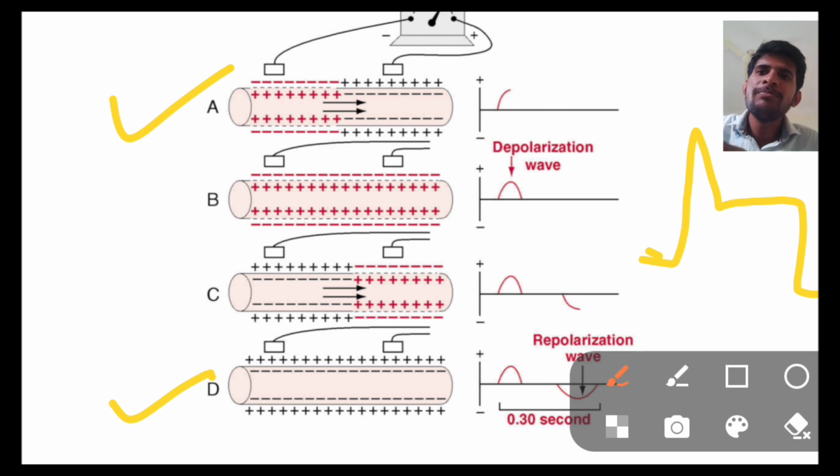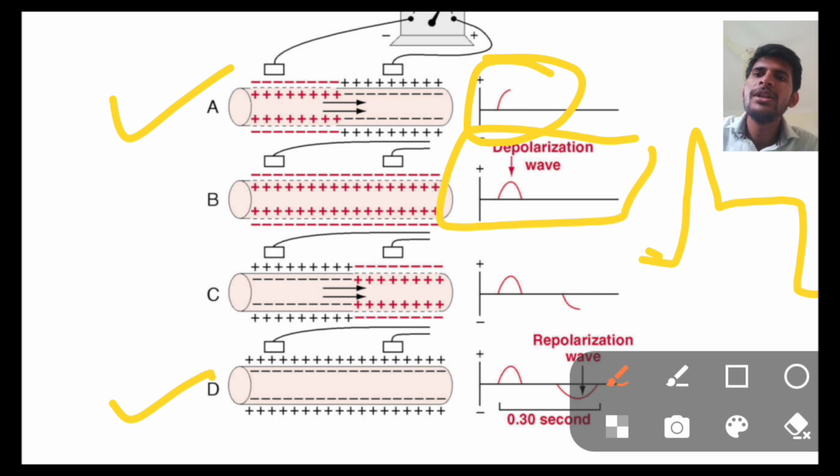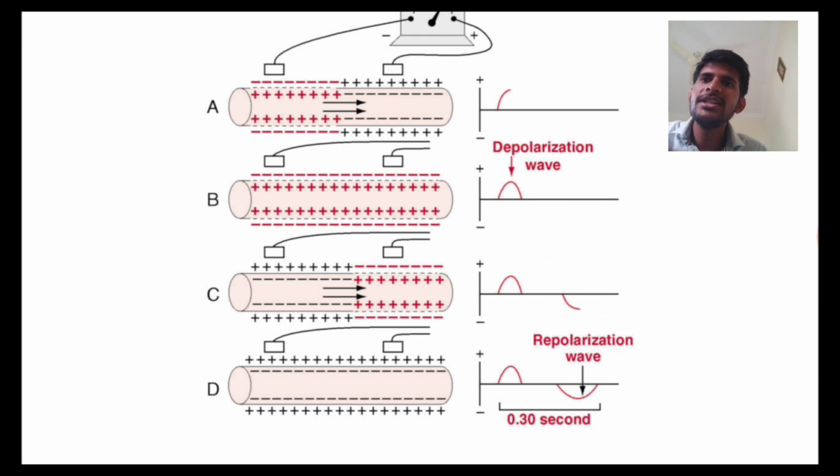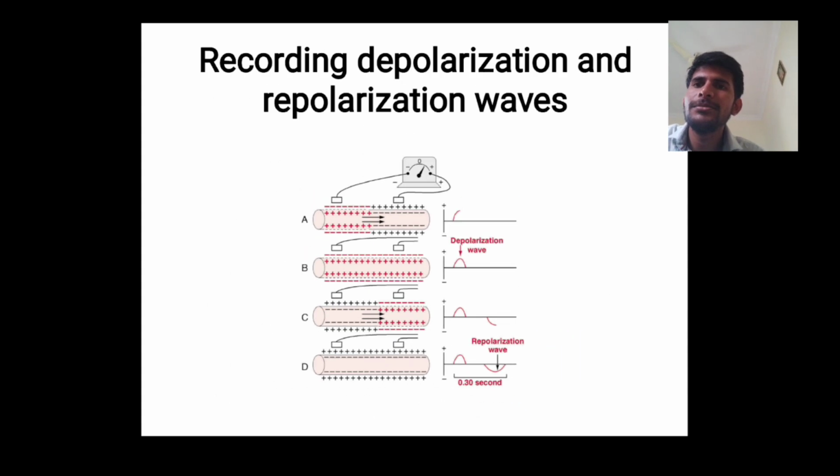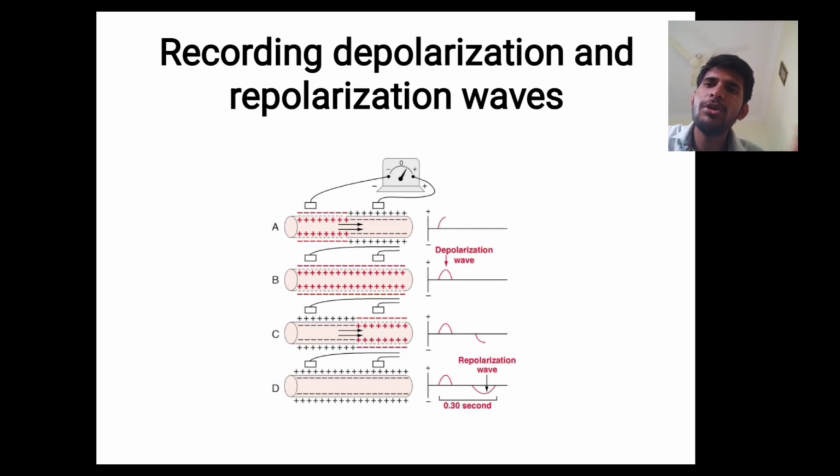Therefore, you can see a positive deflection upside. Then the muscle potential is completely reversed. Then you will get a depolarization wave, and after that the muscle wants to relax. That is repolarization of the muscle. You will get a reverse wave. Recording depolarization and repolarization wave.